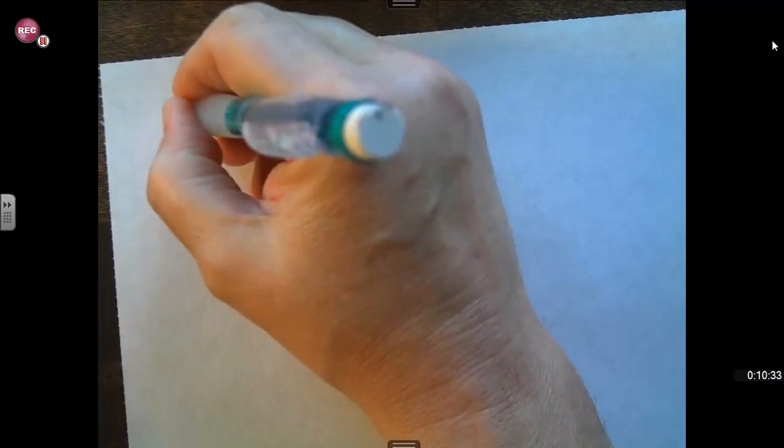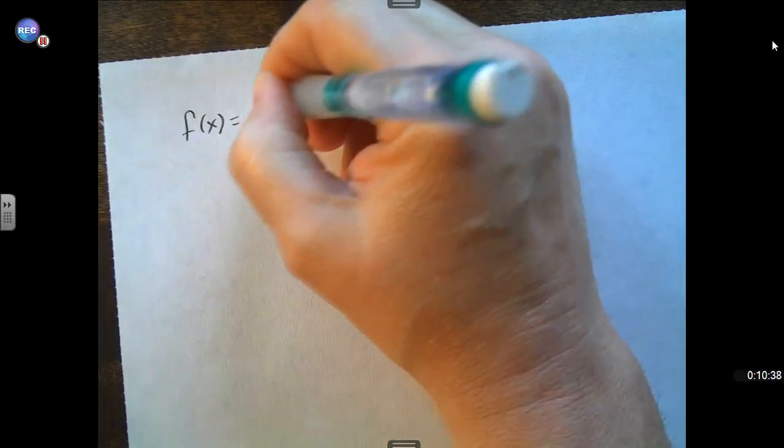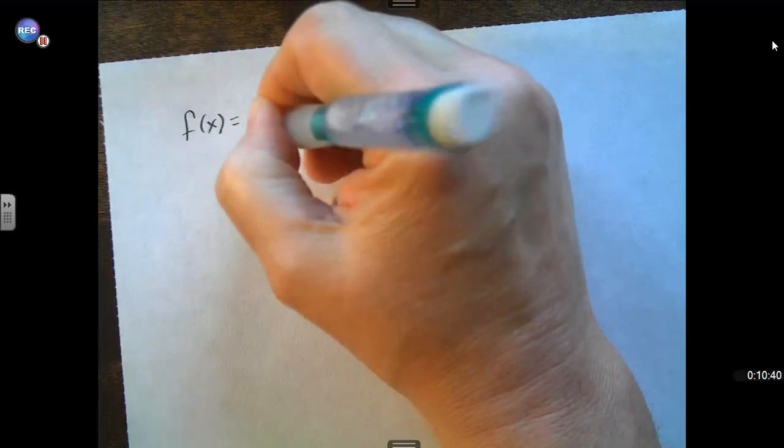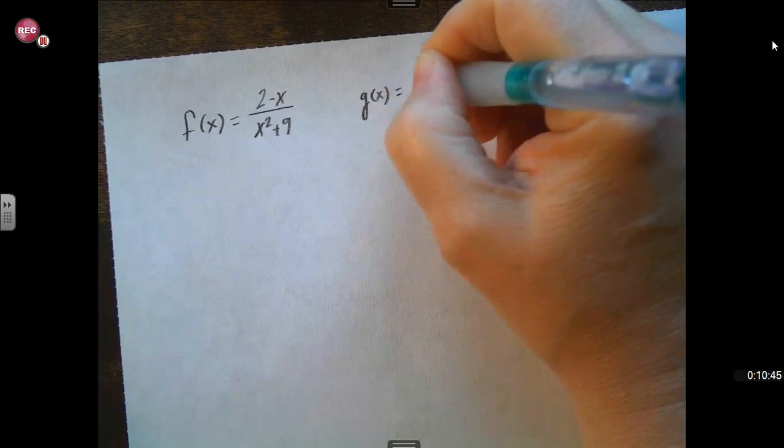So then Part 2, I give you the equation that f of x equals 2 minus x over x squared plus 9, and g of x equals negative 2x.